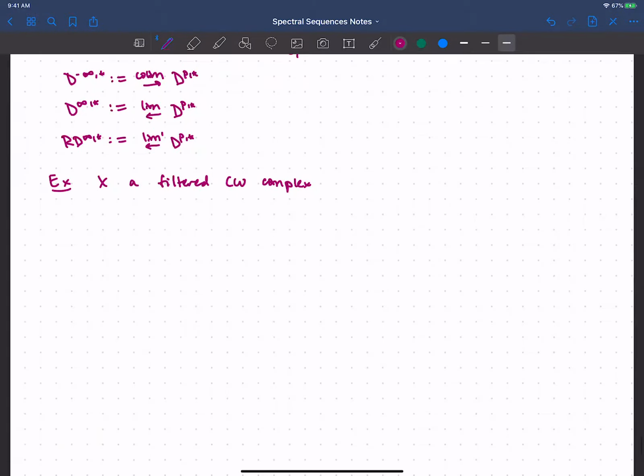And the sort of easier spectral sequence is this E1 PQ homology spectral sequence. So that's the homology, the relative homology of X_P comma X_{P-1}. And notice in my other notation, I can make that E1 minus P minus Q.